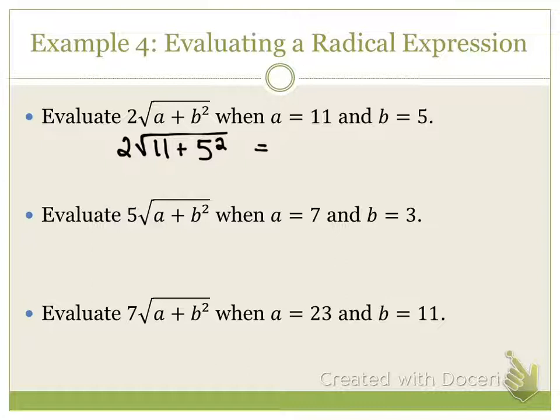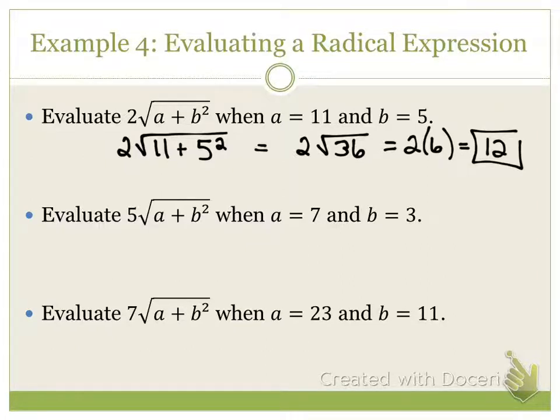Can you do that mental math? If you're having trouble with that, you can write out that step, but I don't mind if you just skip to 2 times the square root of 36. Now, can I find the square root of 36? Yeah, what is it? 6. So 2 times 6 is 12. And that's going to be my answer.